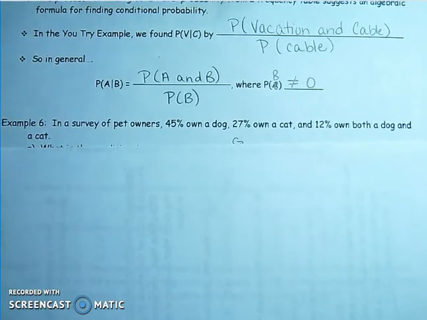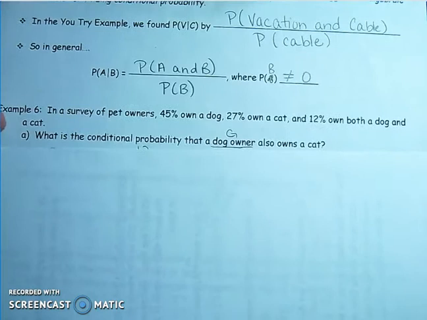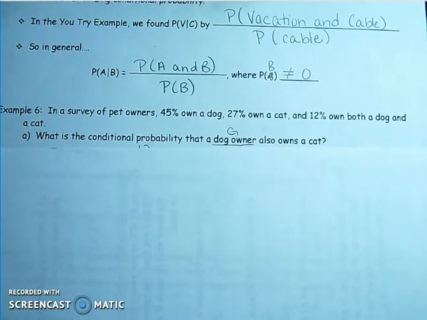In a survey of pet owners, 45% own a dog, 27% own a cat, and 12% own both. What's the conditional probability that a dog owner also owns a cat? So if you notice in this problem, there's no keyword. There's no given, there's no whose, there's no assuming anything based off just the words. However, it calls the person a dog owner.